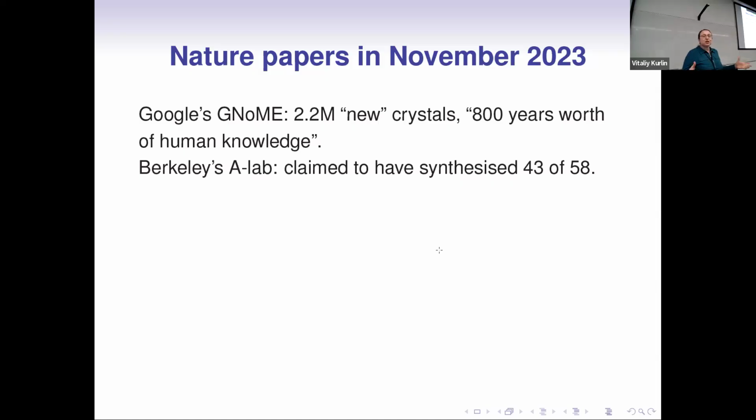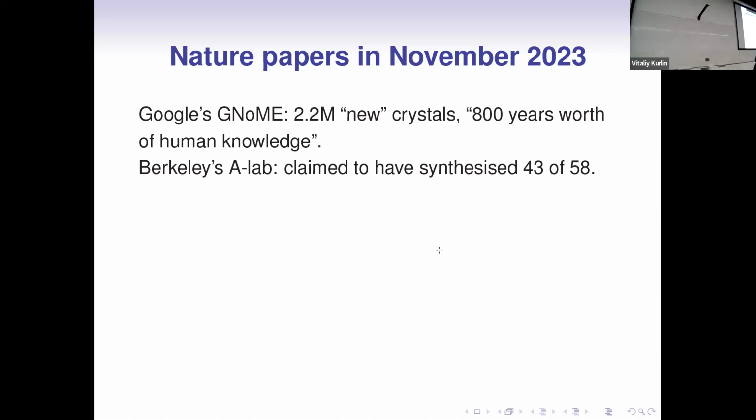So they issued a new AI called GNoME and lots of new crystals. And as they say on the website, these new crystals represent 800 years' worth of human knowledge.